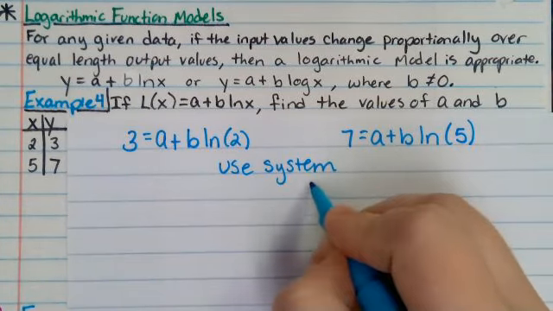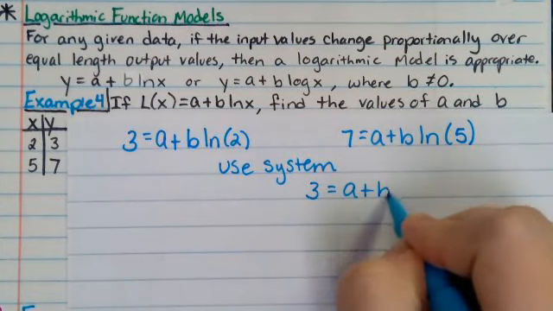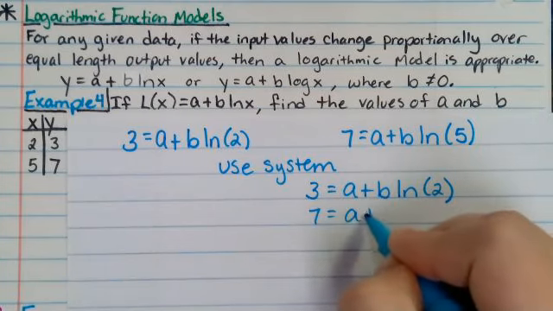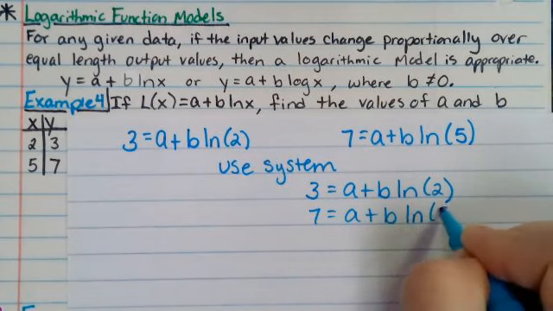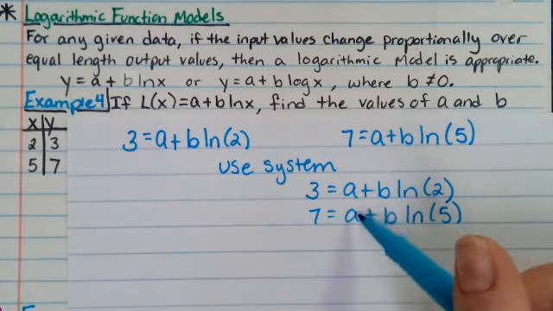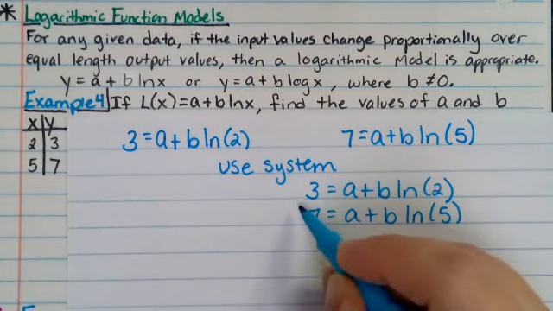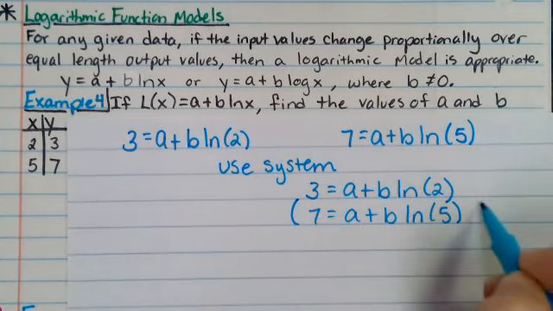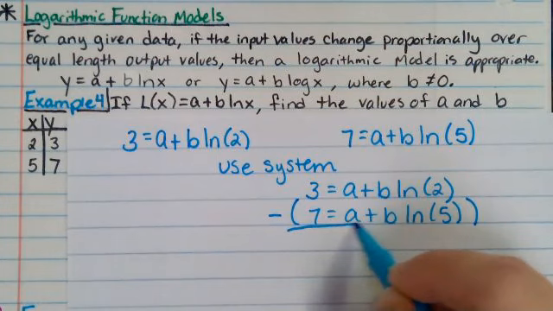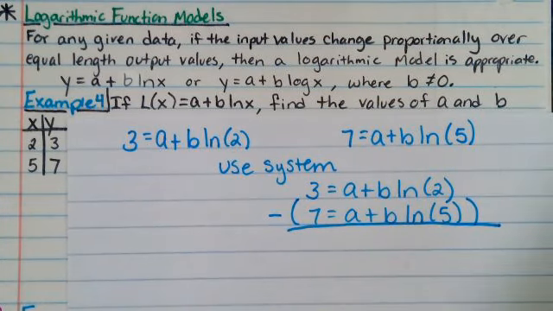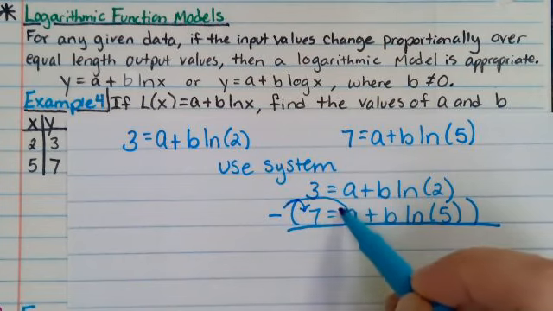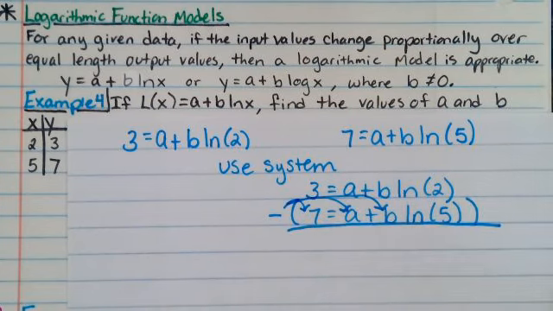So let's stack these. We've got 3 equals a plus b natural log of 2. We also have 7 equals a plus b natural log of 5. And what I want you to notice is you see how they both have an a term like this. If I were to subtract one of these from the other, let's say I subtract this one from the one above, then I will end up being able to get rid of my a, because that's going to make this negative, and this over here.